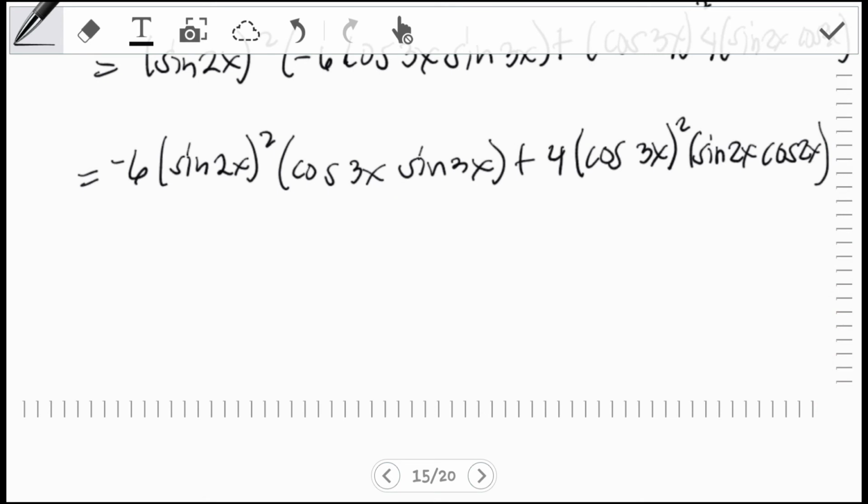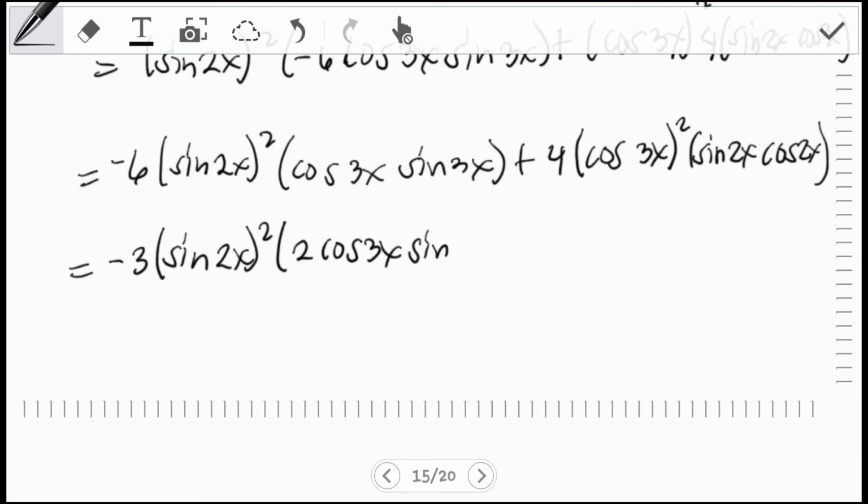So next, negative 3 quantity of sine 2x to the power 2 times 2 cosine 3x sine 3x plus 2 quantity of cosine 3x to the power 2 and then 2 sine 2x cosine 2x.